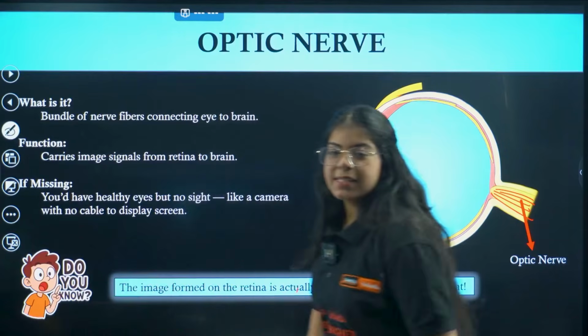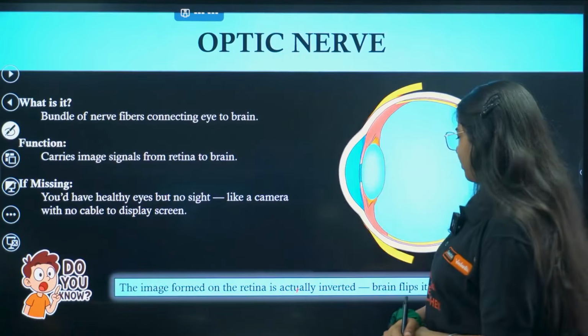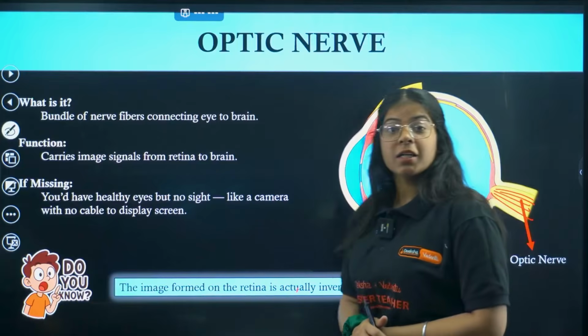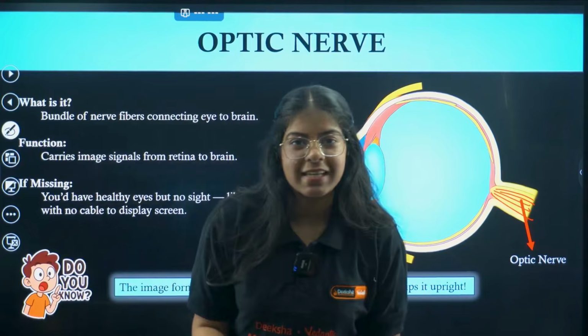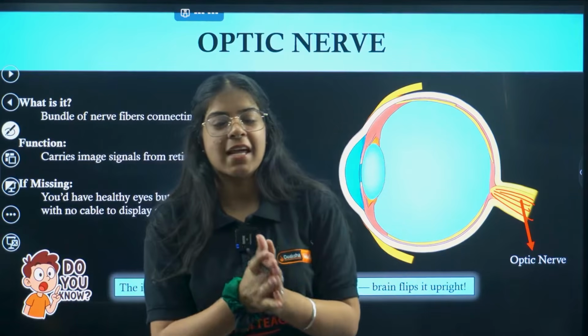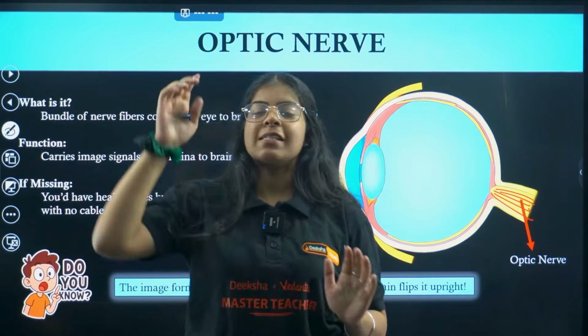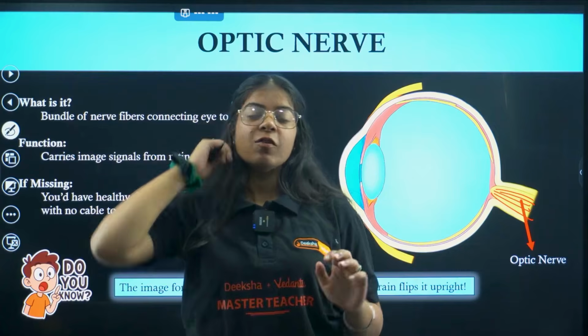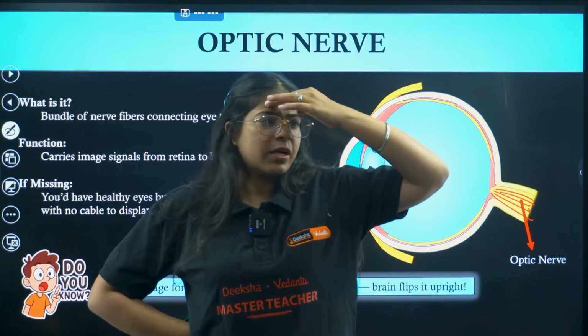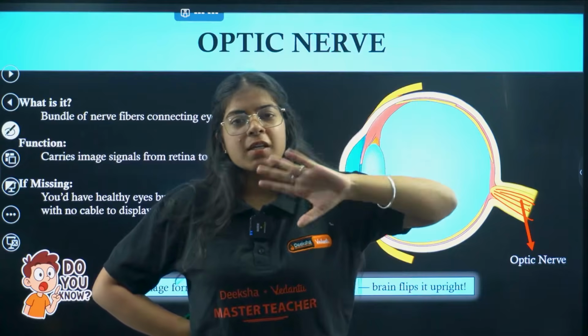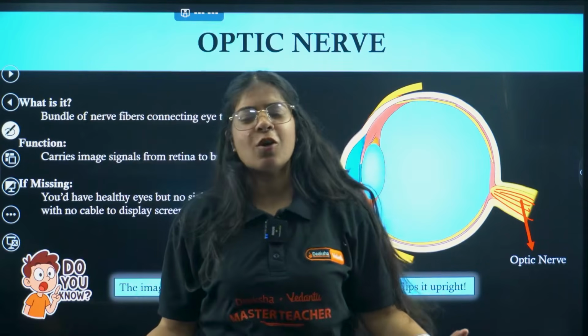Then, the image formed on the retina is very important and very interesting. We have a convex lens in our eye. And we know a convex lens forms what kind of image? It forms a real and inverted image. But ma'am, if it forms a real and inverted image, does that mean I'm teaching you upside down?